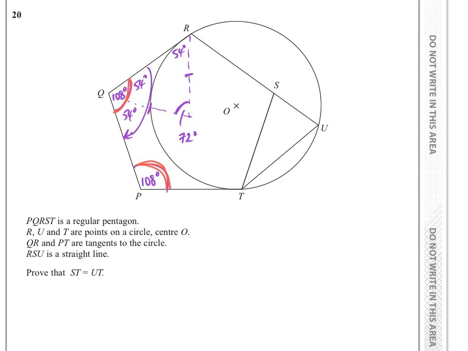Now the next thing to think about is, it says that QR and PT are tangent to the circle. So that's quite important, because tangents to a circle are at 90 degrees to a radius. So I know that these 2 angles here are 90 degrees.